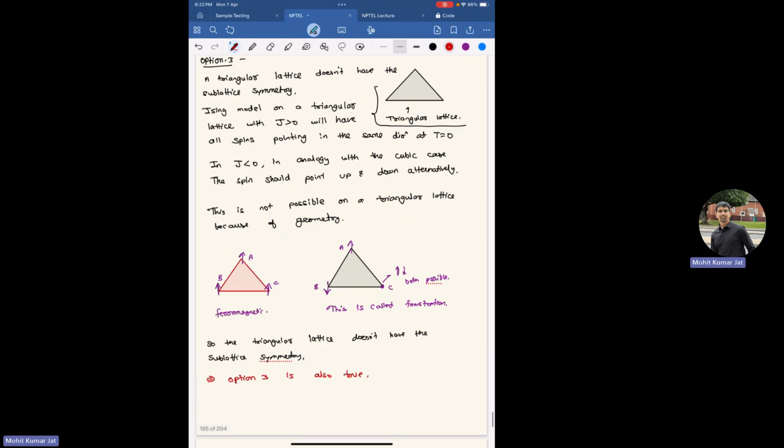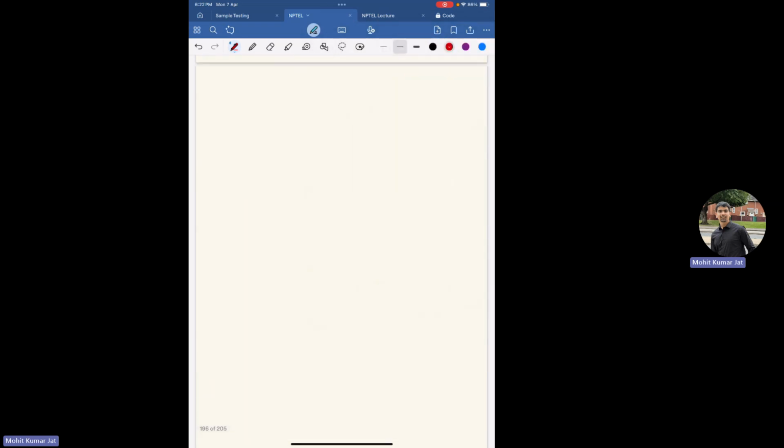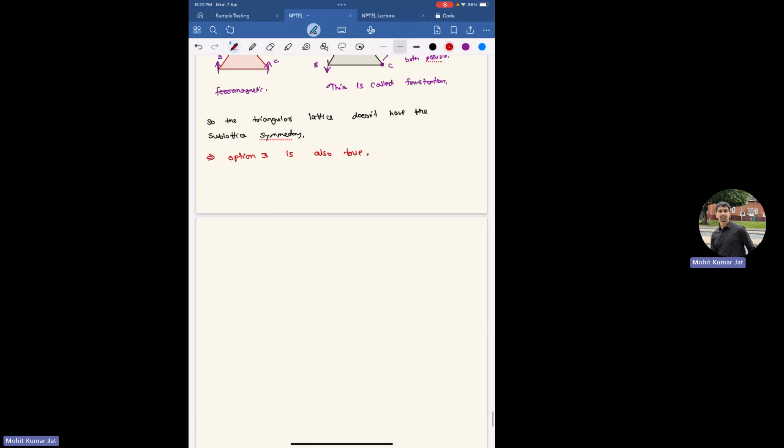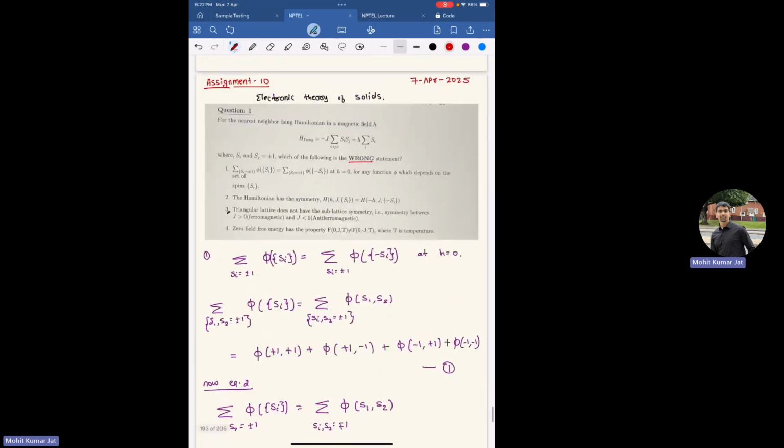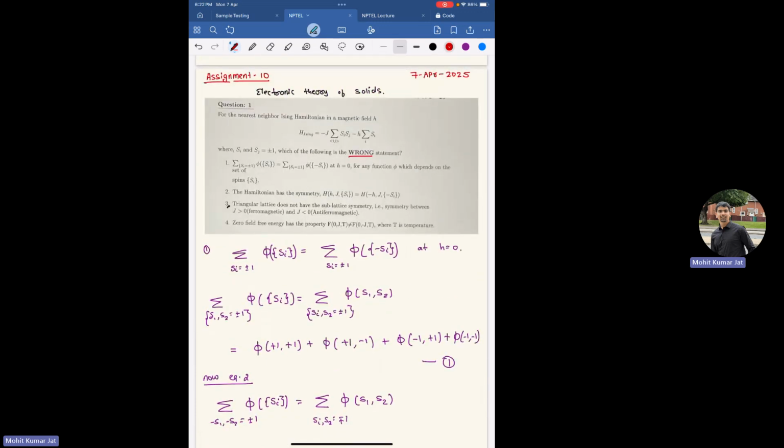Now coming on to the next option, option number 4. What does it say? It says that zero field energy has the property F, which is the free energy, F(H=0, J, T) is not equal to F(0, -J, T), where T is the temperature.